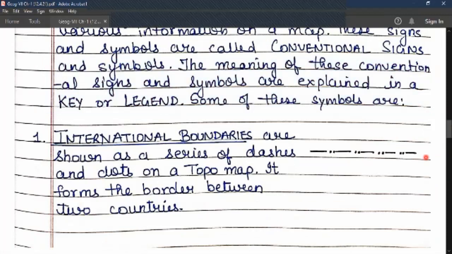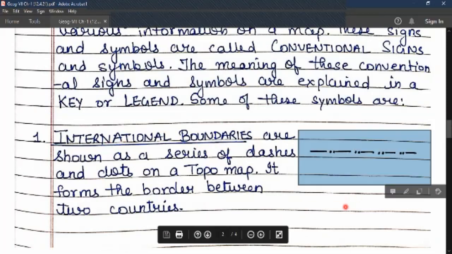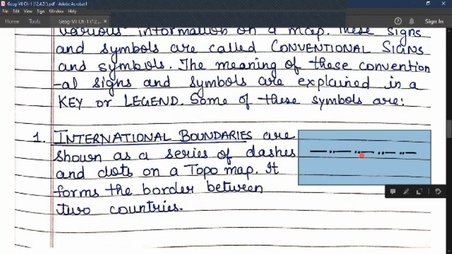As you can notice, the very first one is the international boundaries. International boundaries are shown by a series of dashes and dots on a topographical map. It forms the border between two countries.